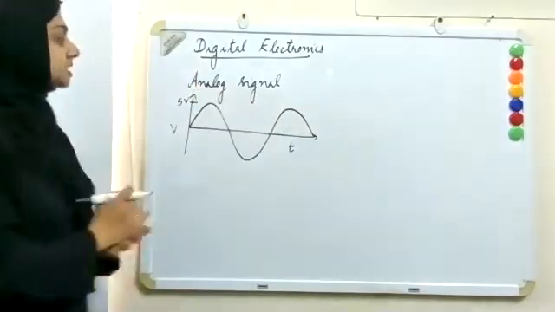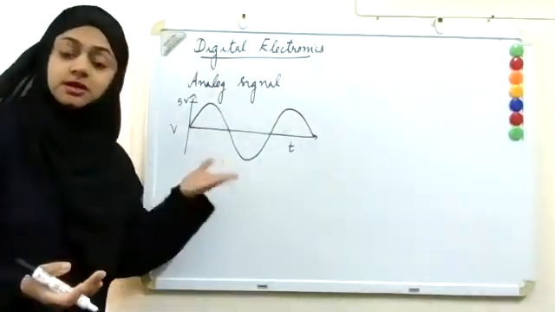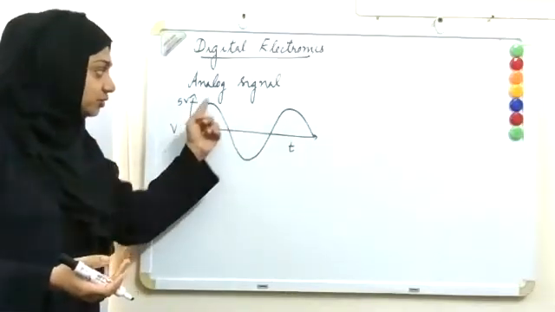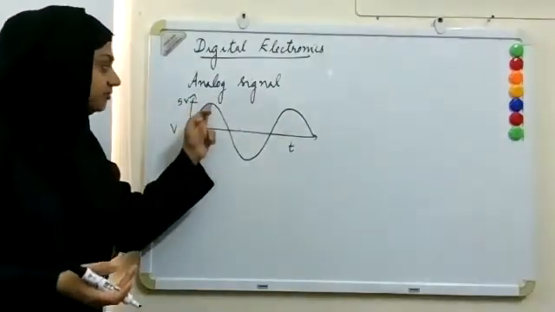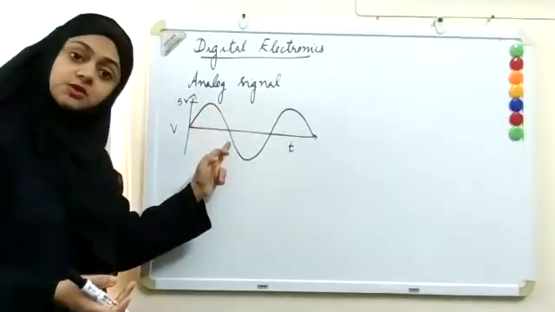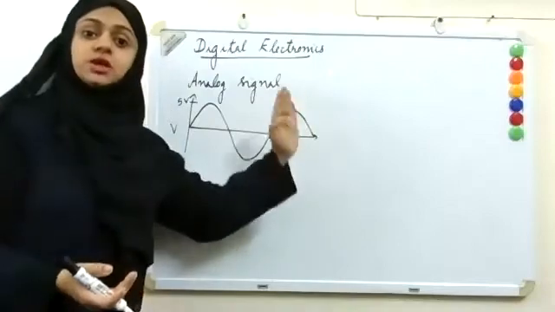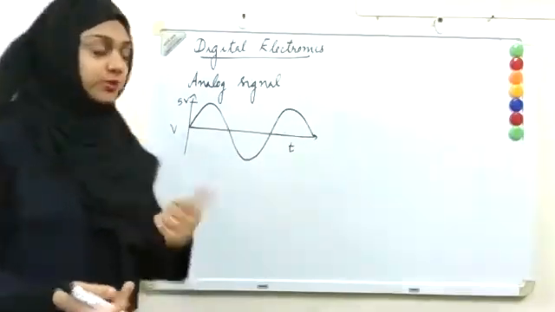So this is an example for analog signal, continuously varying signal. With time, it becomes 0 and goes gradually from 0 to maximum, becomes 0 again, goes in the other direction. So this is continuous variation like a sine wave.